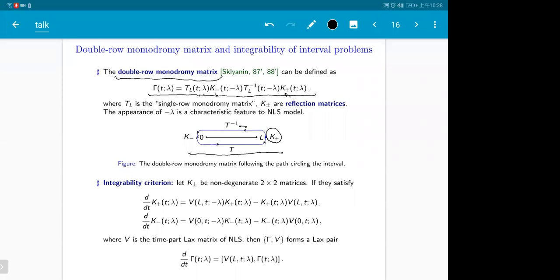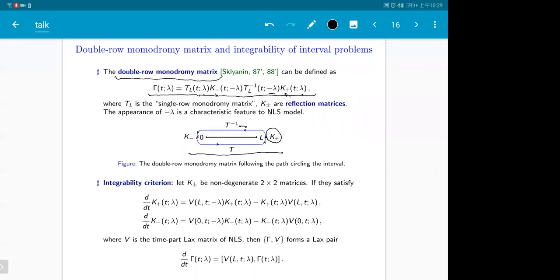After the action of the reflection matrix, you transform your spectral parameter from lambda to minus lambda. This is the key feature for the NLS model, because you can think of this change of lambda as your solution bouncing off the boundary.